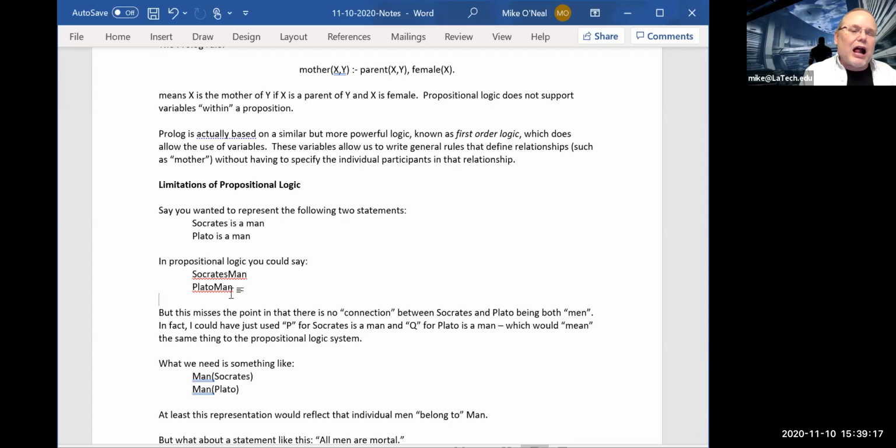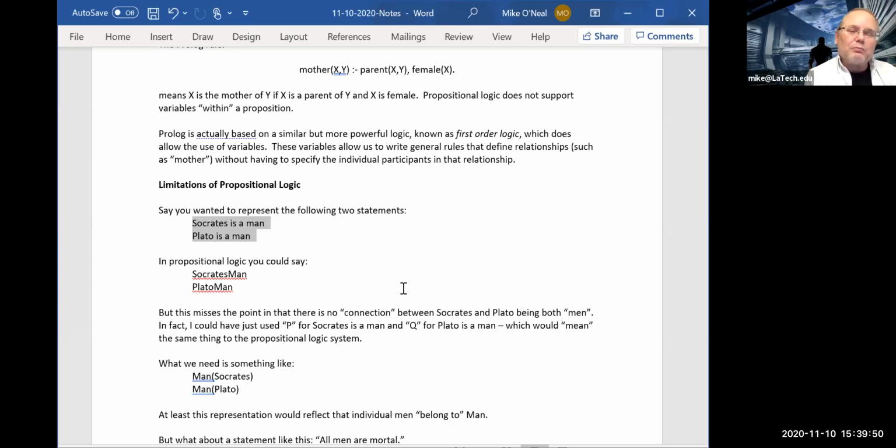But I haven't really done anything, because when I say these to you, to a human that speaks English, you understand that I'm saying that Socrates and Plato have something in common. They are both men. Now, I'm using this old sexist terminology that is generally used in these classes. Today, we'd probably say person, right?